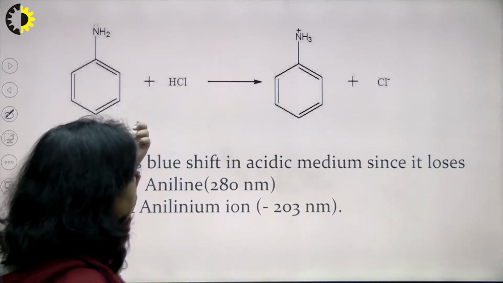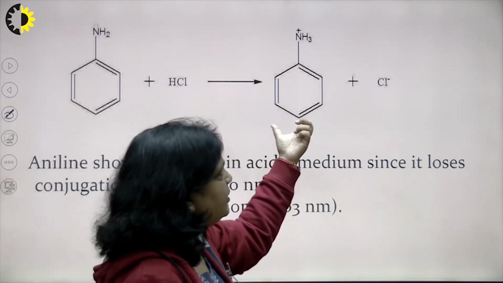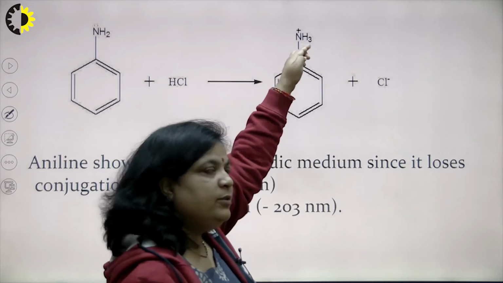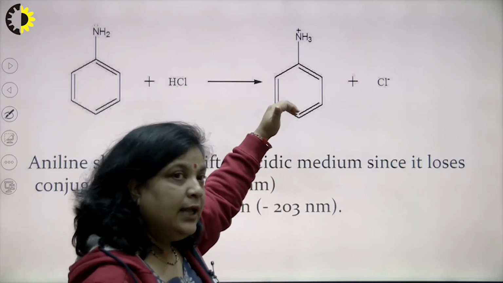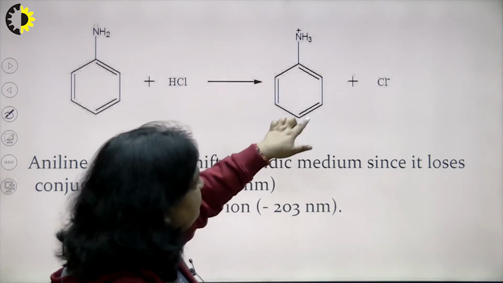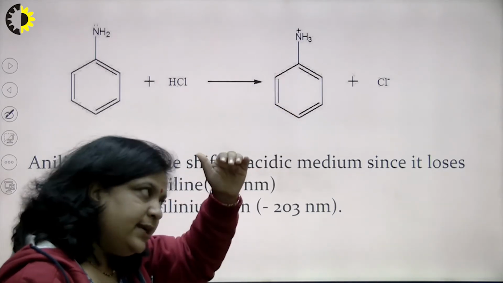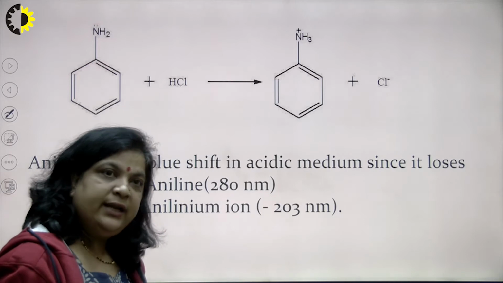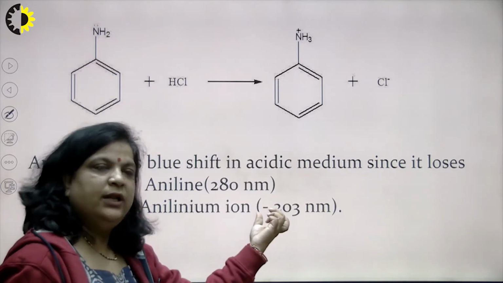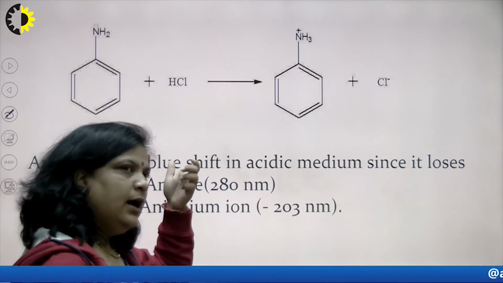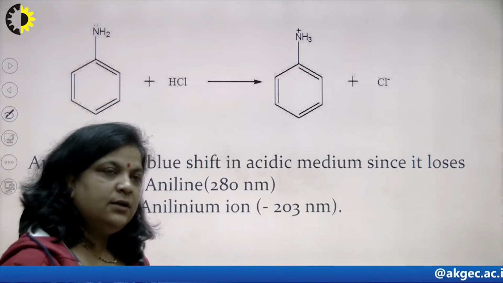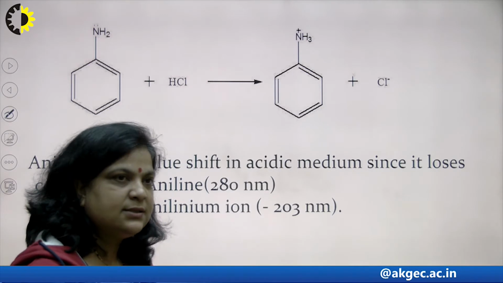But in acidic solution, the lone pair gets involved in bonding with H, so there is no availability of the lone pair of electrons. That is, there is no conjugation within the ring. It means its lambda max value decreases, to about 203 nanometer. So, I think it is clear. In the benzene ring, the electron is available for conjugation, so it shows a higher value of lambda max.